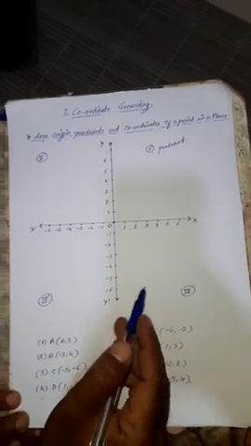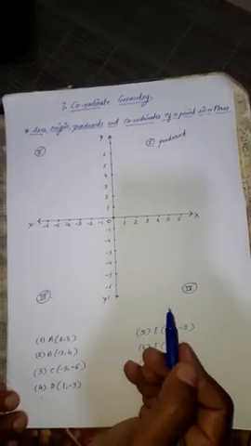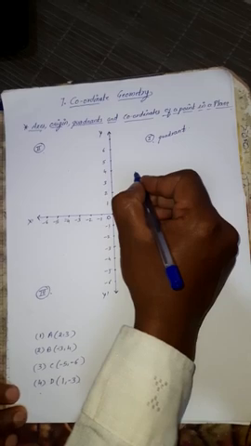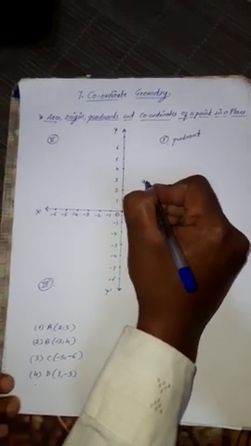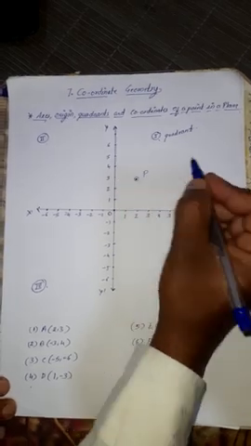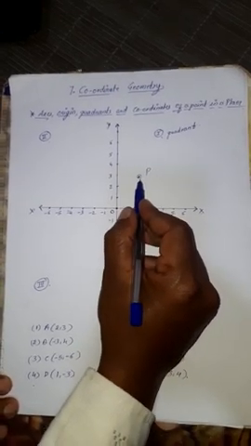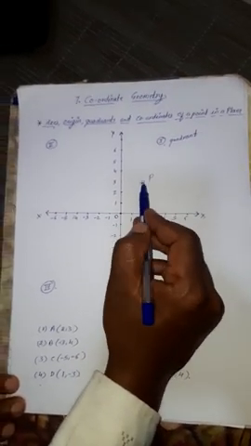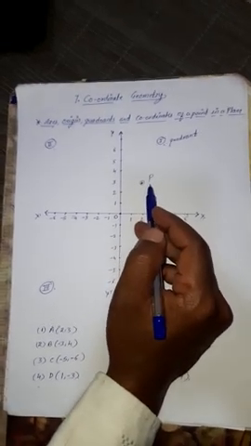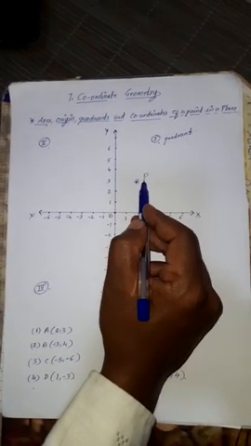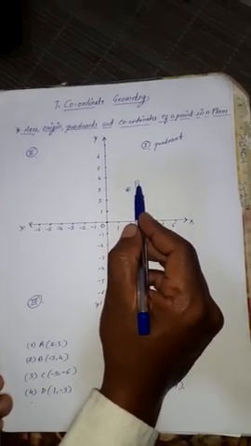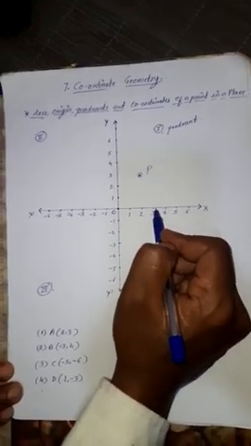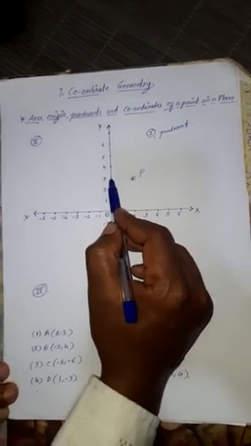Now here if we take any point P in this first quadrant, this point has two coordinates. The first we call the x coordinate and the second is the y coordinate.